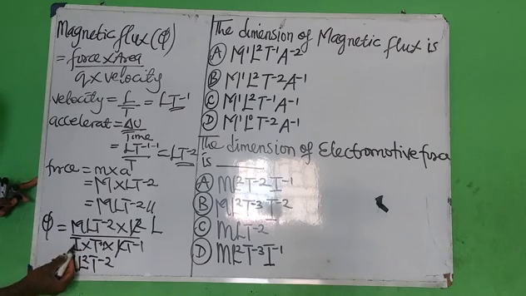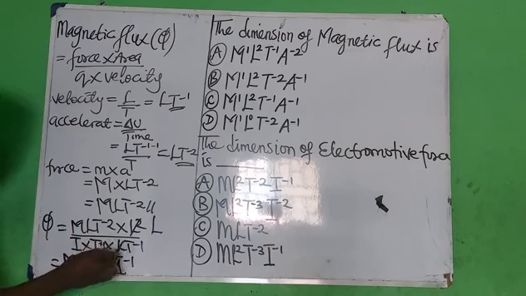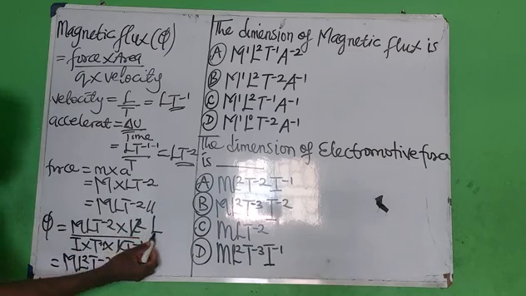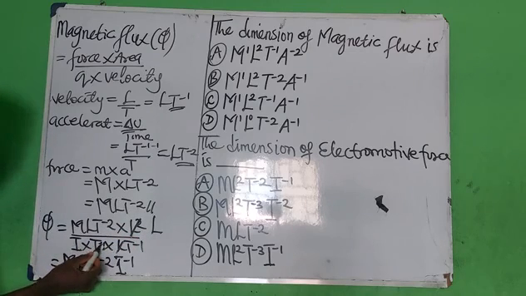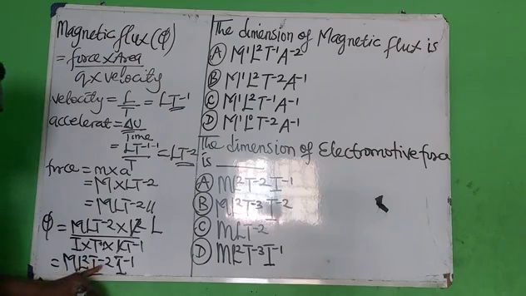As soon as this I goes up, it becomes I minus 1. This L will go into one of the L's here. I'm left with 1L. Plus 1 minus 1, nothing. So I'm left with I, which is current. If this I goes up, it becomes minus 1. So the dimension of magnetic flux is ML squared T minus 2 I minus 1.